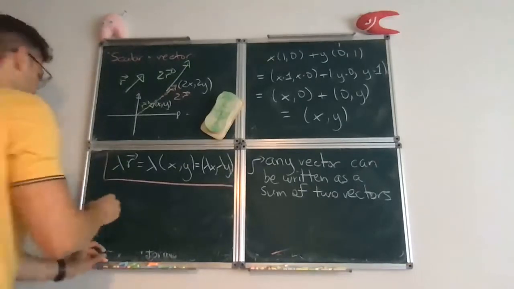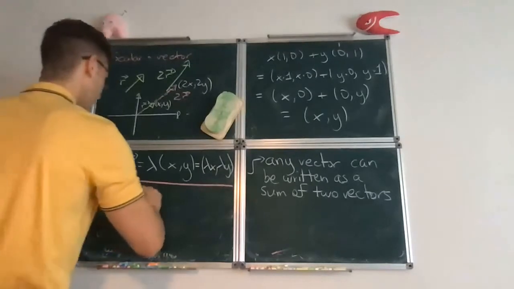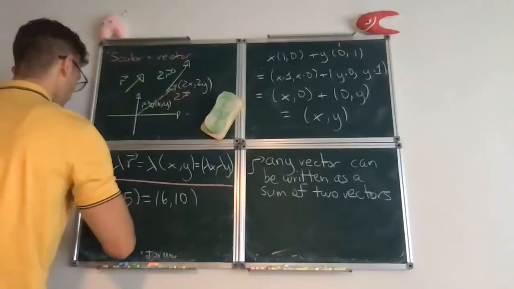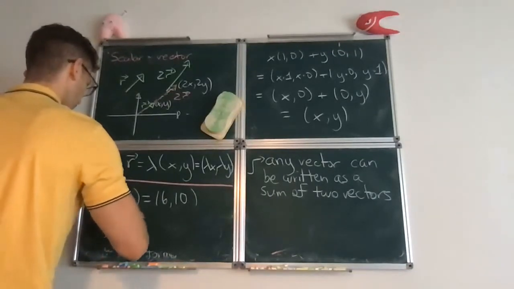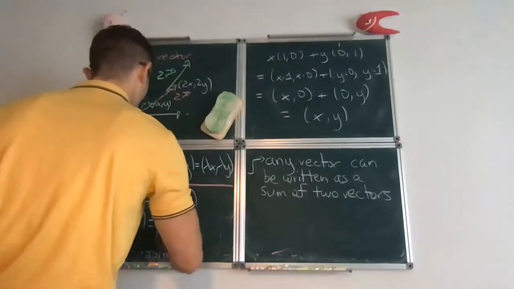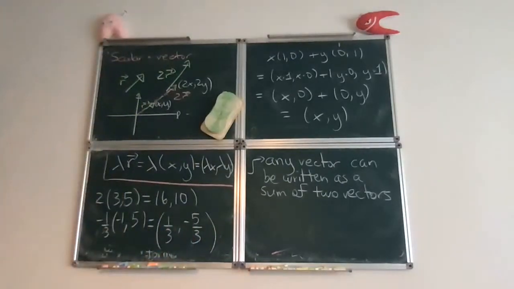So what is 2 times (3, 5)? That's (6, 10). What is negative 1/3 of (negative 1, 5)? That's (1/3, negative 5/3). The operation is just like doing it at an individual level: this number times this number, this number times this number, and so on.